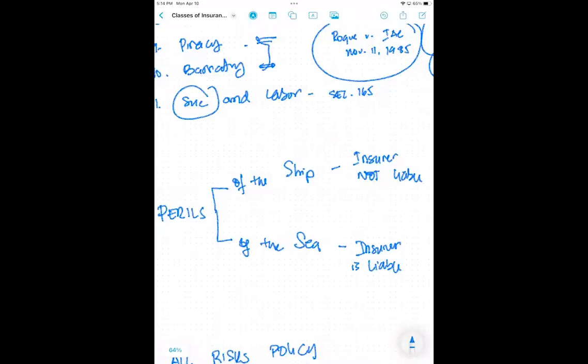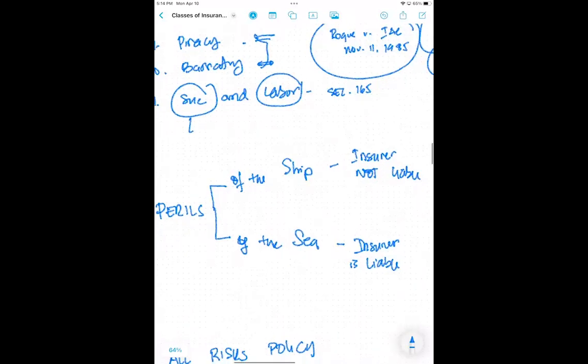Okay, so the ship owner is allowed to hire lawyers, okay, or other legal professionals, as well as laborers in order to recover the ship.